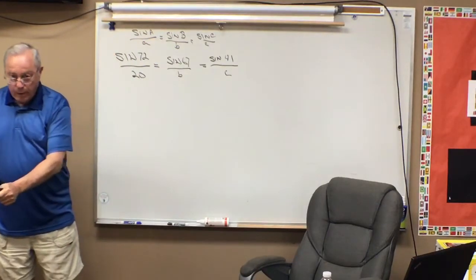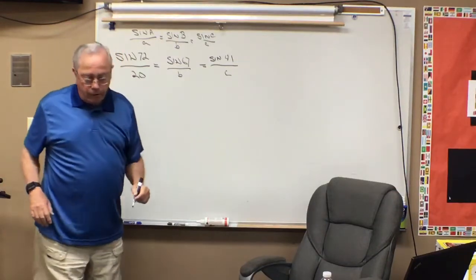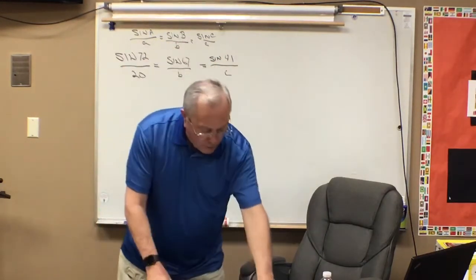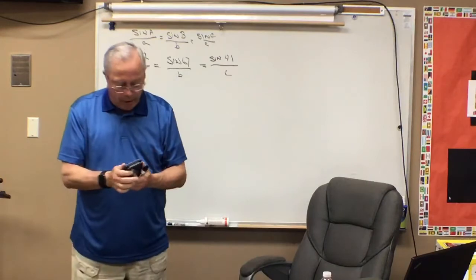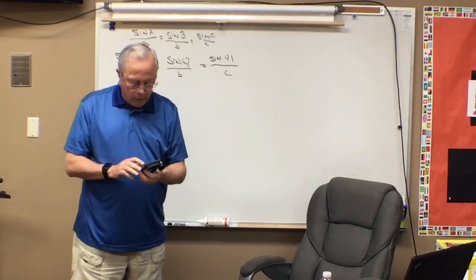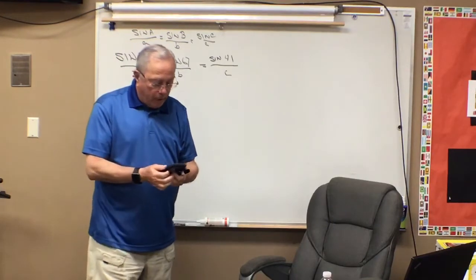So watch what I'm going to do. Sorry about allergies, they're killing my voice. But now I have to look up the sine of 72. So you get your calculator and look up the sine of 72. Sine of 72 equals 0.951.